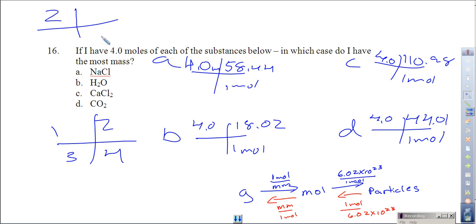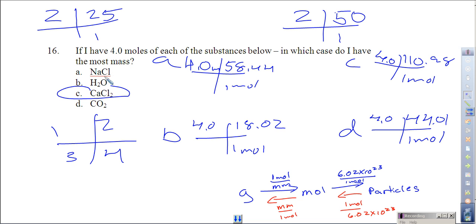If you had 1 and then 25, or 1 and 50, which one of these, without doing the math, is going to give you a bigger result? The second one. Why? Because it's a bigger number, right? So which one of these is going to give you the most mass? C, CaCl2, because it has the biggest what? Molar mass. Good.